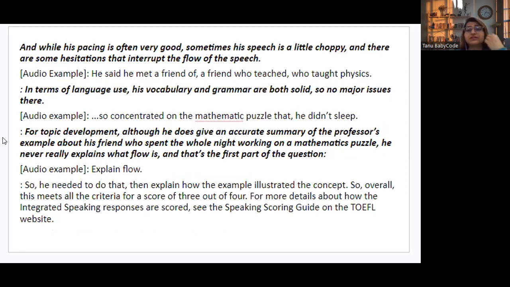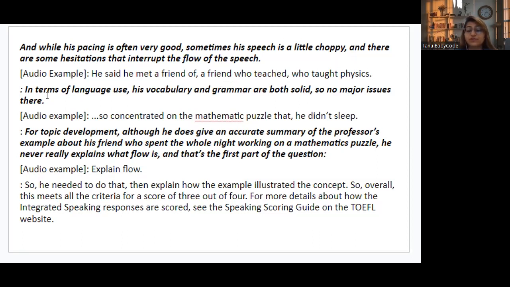But if you see, somewhere it is a little choppy and there is hesitation also, he has interrupted the flow of speech. "Met a friend who taught physics." So here he has interrupted his flow, and there are repetitions and hesitations also, right?